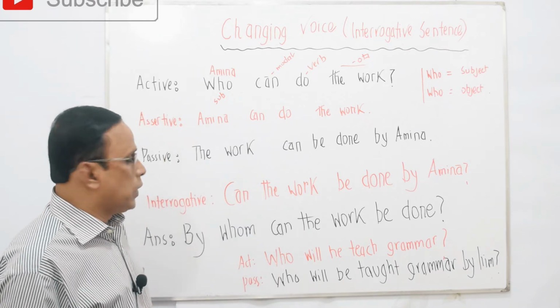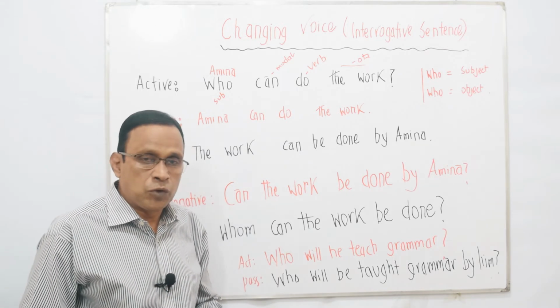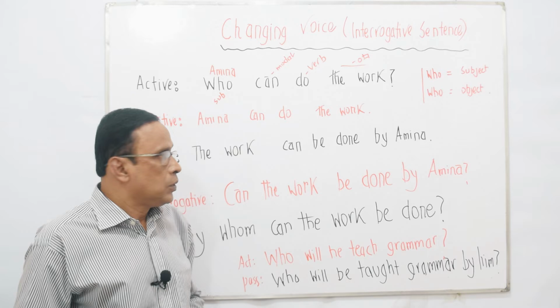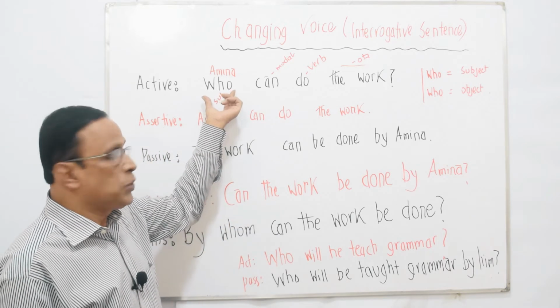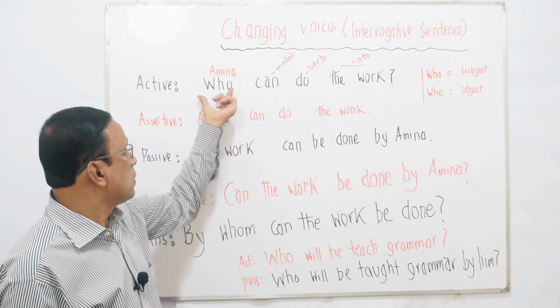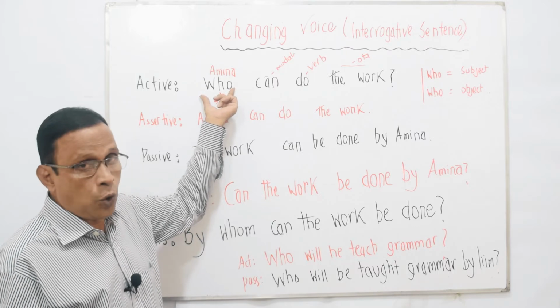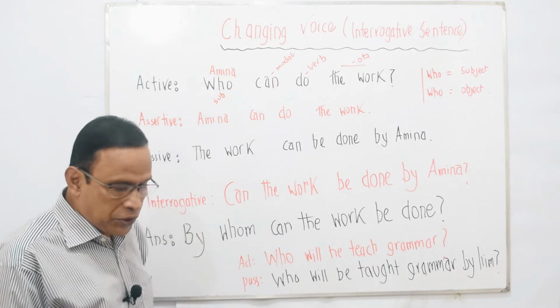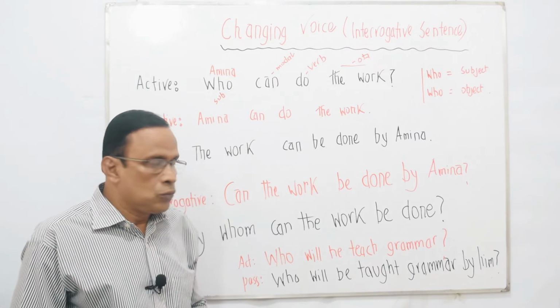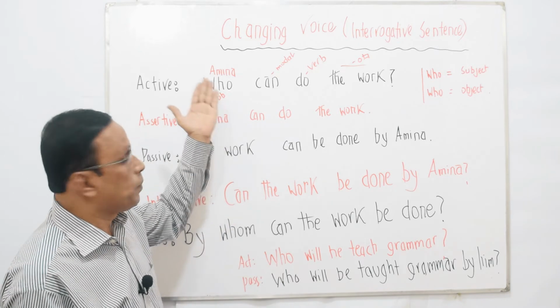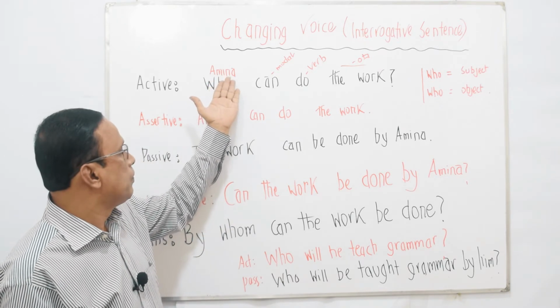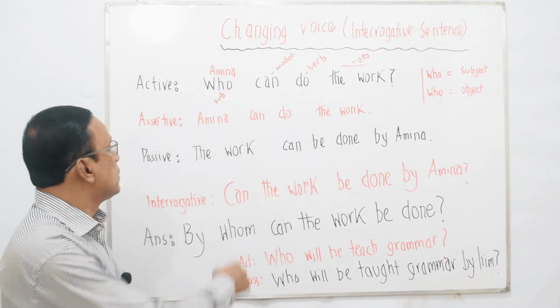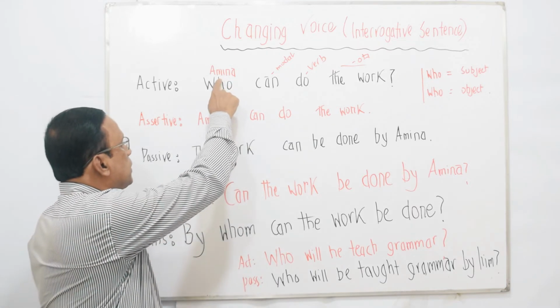Anyway, if we want to change this question from active to passive, we have to make sure whether the word who used at the beginning is a subject or object. So to make sure, we just place any name of a person. What you have seen here is the word Amina.